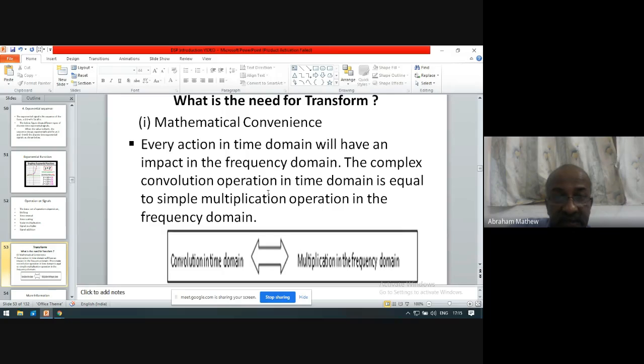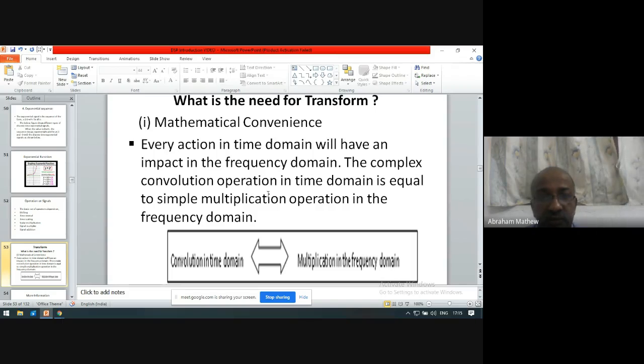Whereas this computationally difficult operation of convolution can be easily applied in the frequency domain by just a multiplication operation. That means the tedious process of convolution in the time domain can be easily achieved in the frequency domain.